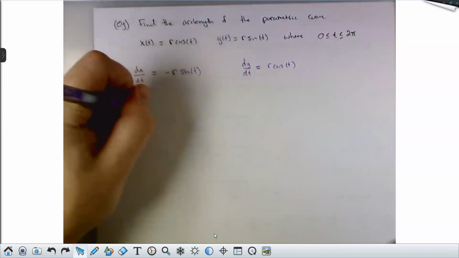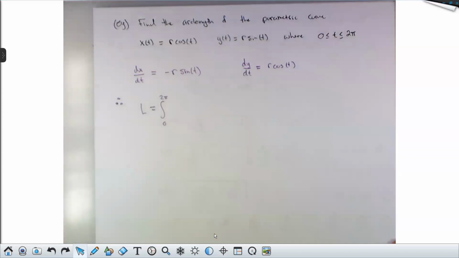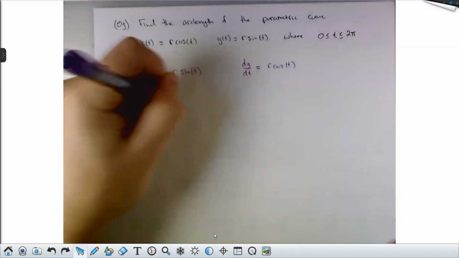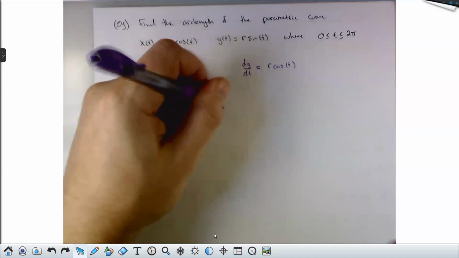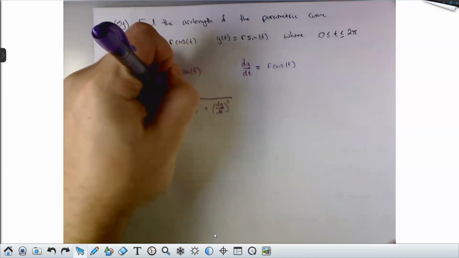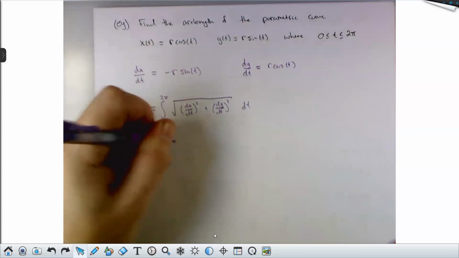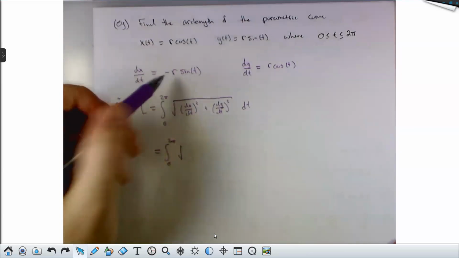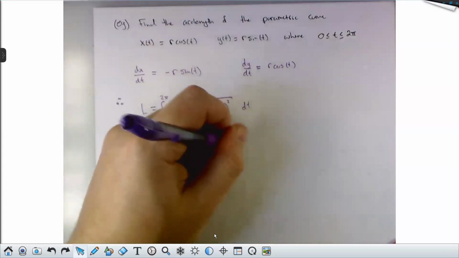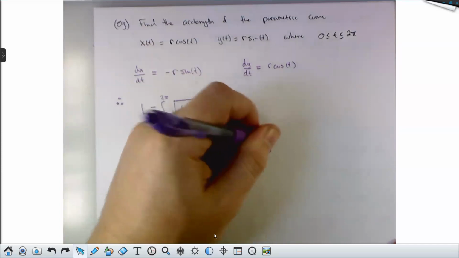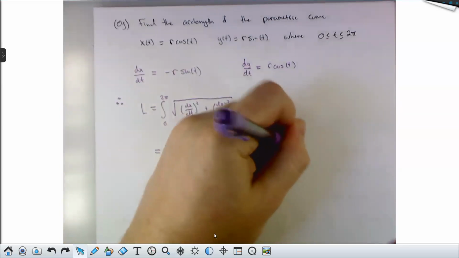Therefore, the length of this curve should be the integral from 0 to 2 pi, from a to b, the bounds for my t values, of the square root of dx dt squared plus dy dt squared dt, which is the integral from 0 to 2 pi of the square root of negative r sine t squared plus r cosine t squared dt.